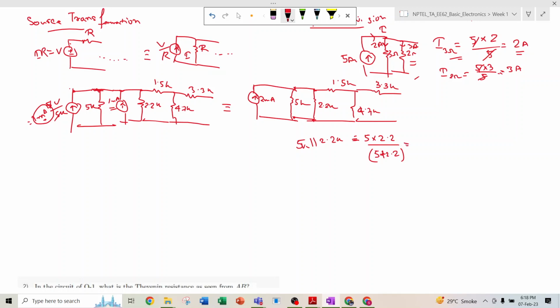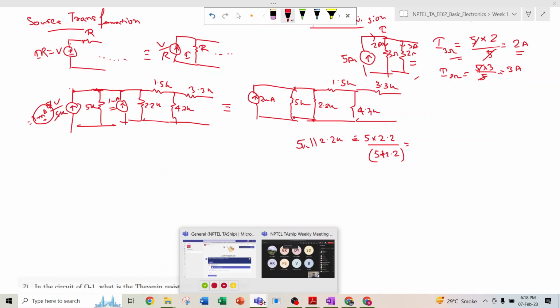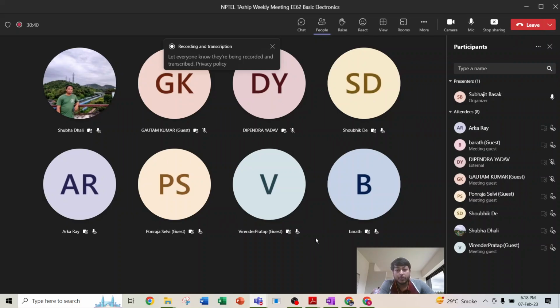In this course it is really necessary to have a scientific calculator. So can anyone quickly tell me what is the result? You can raise your hand and I will unmute you.